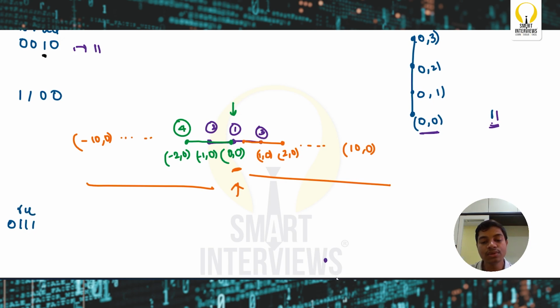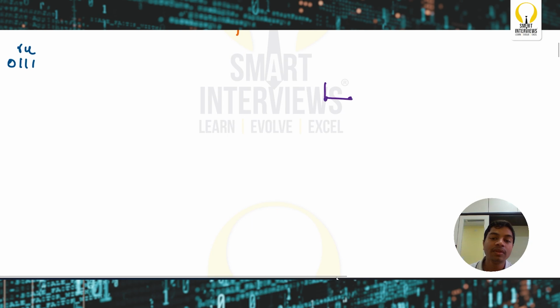So if you're starting with 0, 0, you can either take a right move or else the top move. From this part, once again, you can either take right or else top, and from this, once again, you can take right or else top.